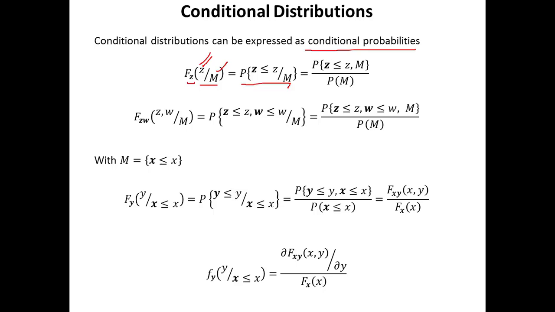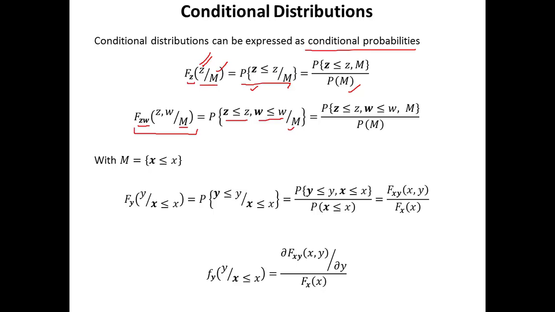By using Bayes theorem, we can easily write this probability as the probability of the intersection of the events Z less than or equal to z and the second event M, divided by the probability of event M. Similarly, if we have two random variables Z and W, and both depend on a third event M, then if we write F_ZW of z, w over M, it means that we want to calculate the probability of the intersection of the events Z less than or equal to z and W less than or equal to w provided that event M has already happened.